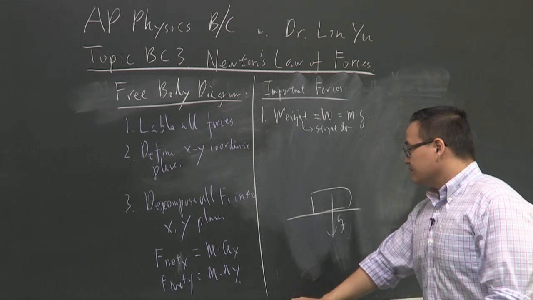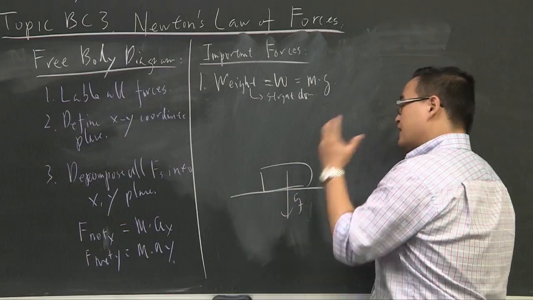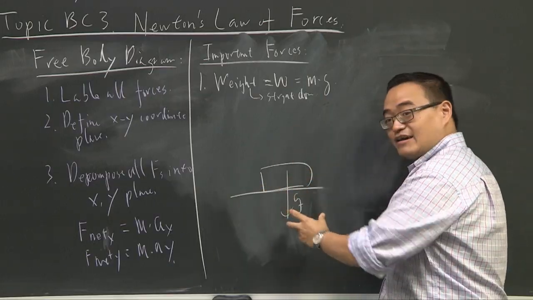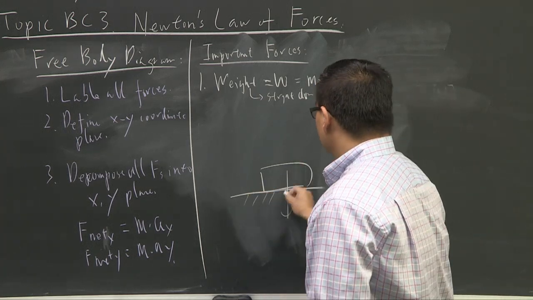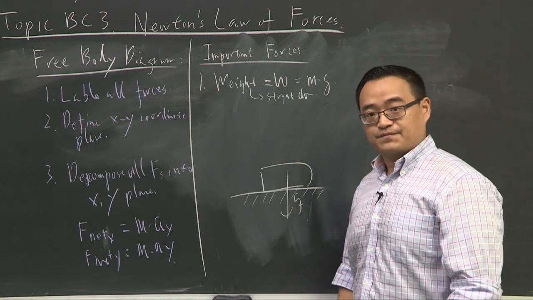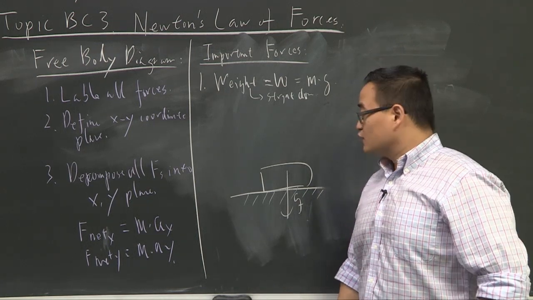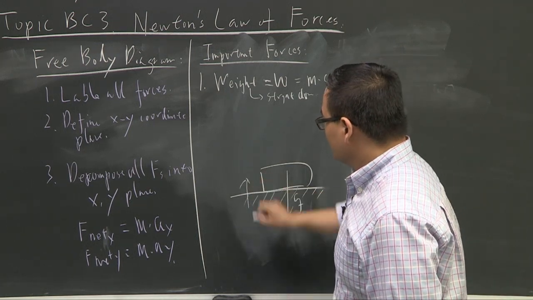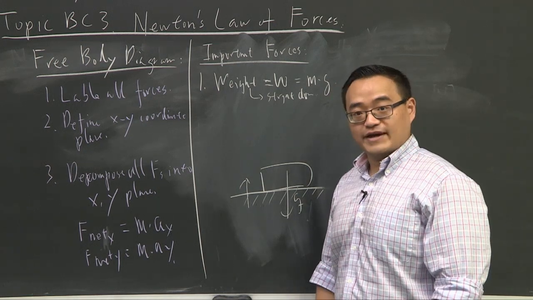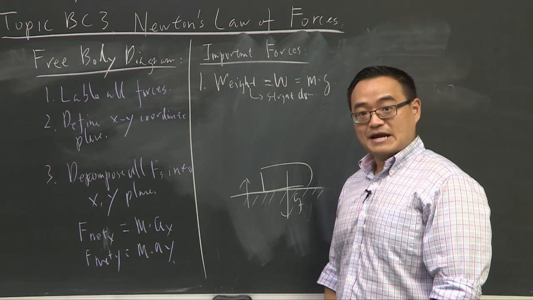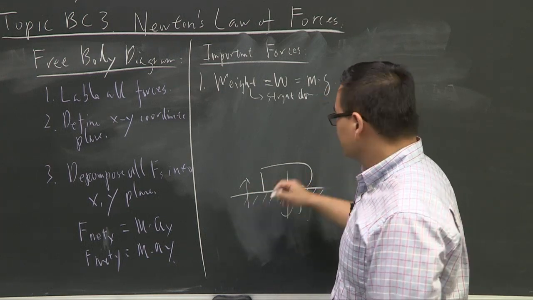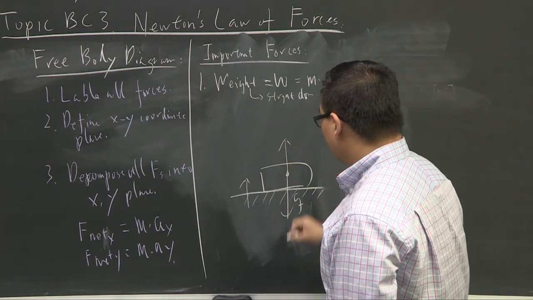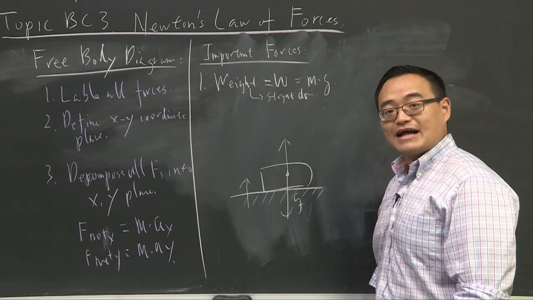And if you think about it, there's a weight, but if that's the only force acting on this guy, it would be falling through. It's not, right? Because it's supported by a surface. So the surface has a reaction force against the weight, which means this box feels the reaction force in the opposite direction to balance it out.